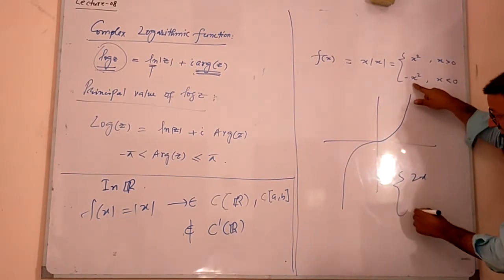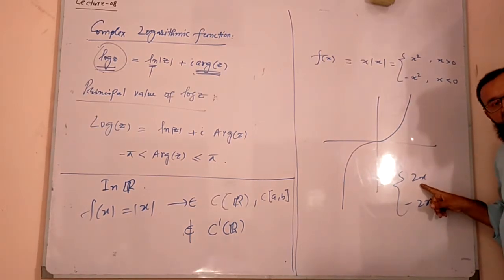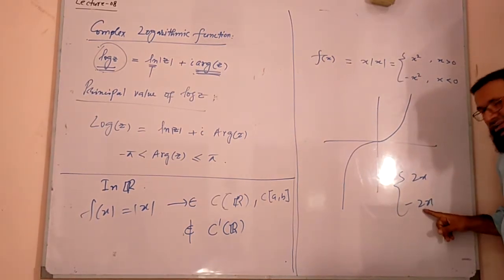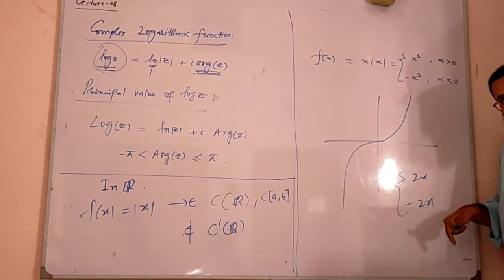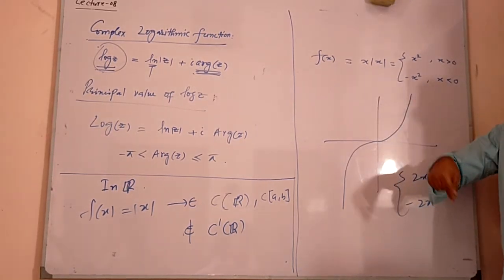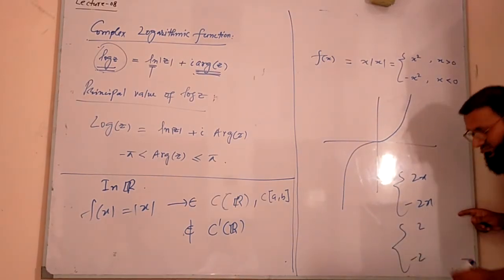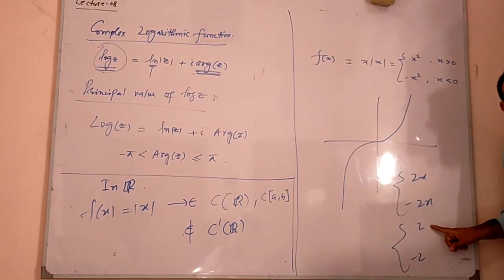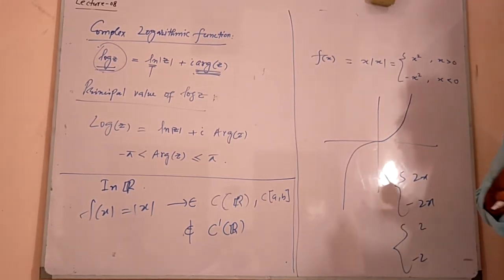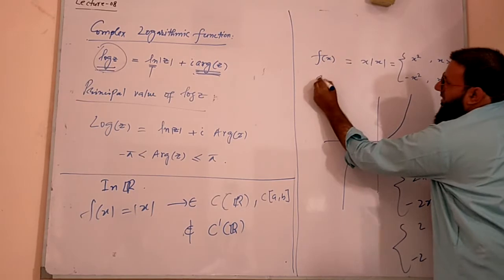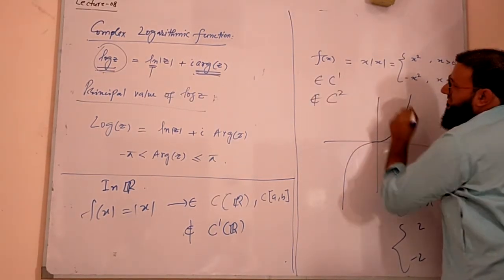Derivative of minus x square, minus 2x. What is the value of this one at 0? 0. What is the value of this one at 0? Both values are the same at 0. So this function is differentiable at 0. What is the second derivative? What is the value at 0? 2. What is the value at 0? Minus 2. Not differentiable twice. So this belongs to C1, but this does not belong to C2.